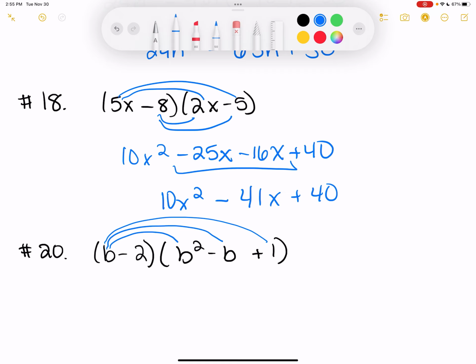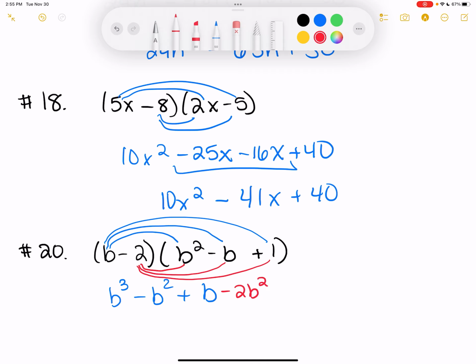I'm going to start with the top ones first. b times b squared is b cubed. b times negative b is negative b squared. b times 1 is b. Now the ones across the bottom: negative 2 times b squared is negative 2b squared.